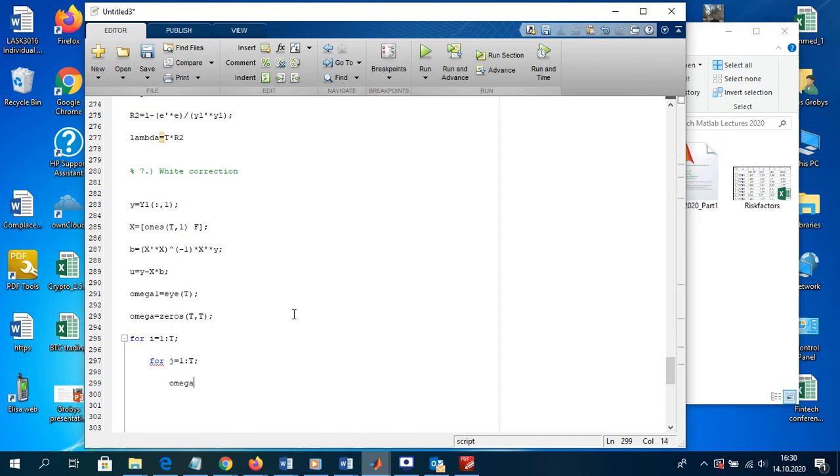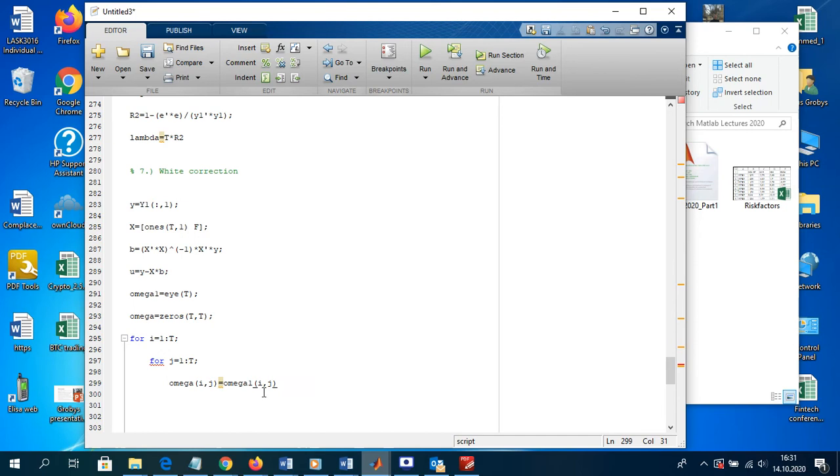So what should we put in here? Our omega ij, so the element ij in our omega matrix, what should it be? It should be omega 1 ij, which is the corresponding element of the identity matrix, because we have defined omega 1 here as the identity matrix.